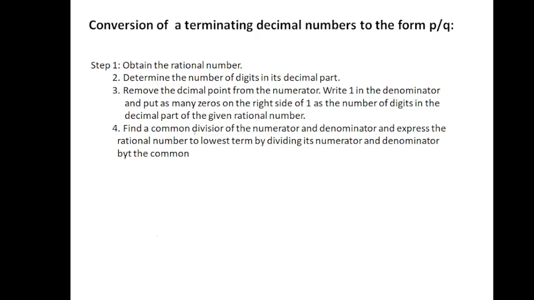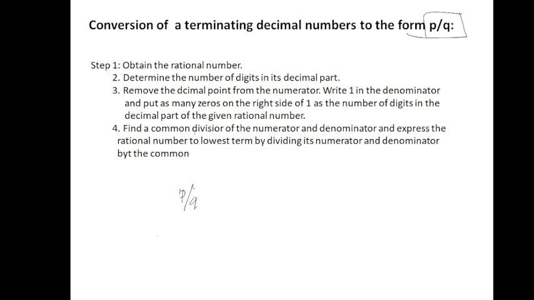Conversion of a terminating decimal number to the form p by q.